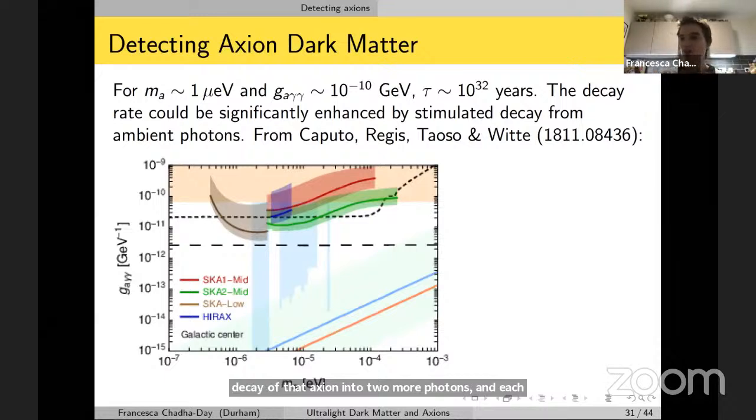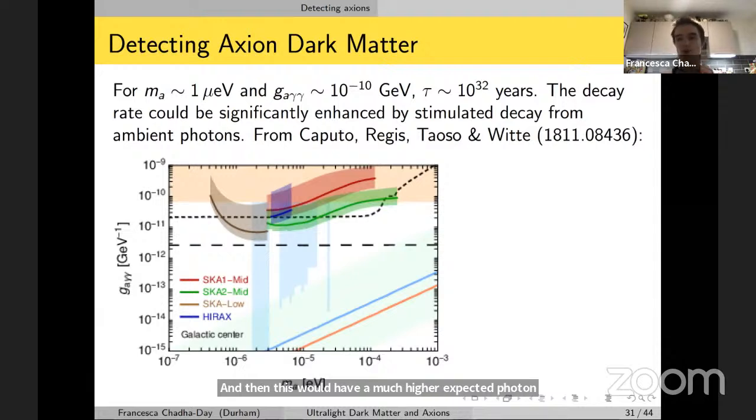And each of these photons could then go on to cause stimulated decays of other nearby axions. So this is exactly like how a laser works, and you could end up with this lasing of axion dark matter. And then this would have a much higher expected photon flux.